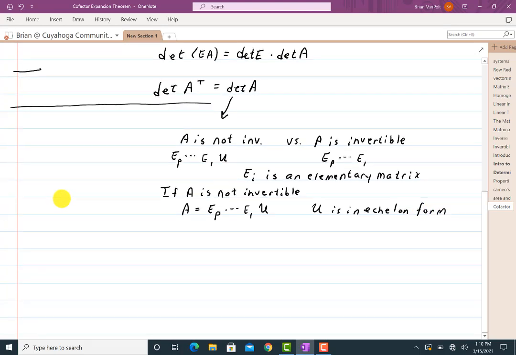And once you have that U is an echelon form, since A is not invertible, there are fewer than n pivots.